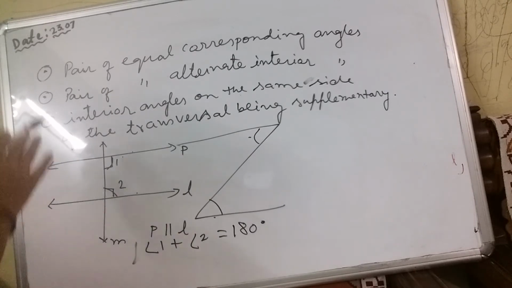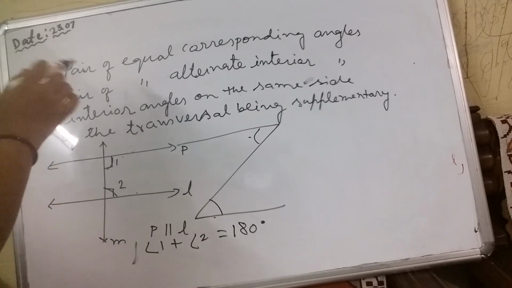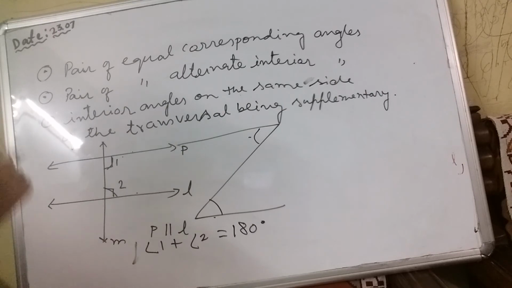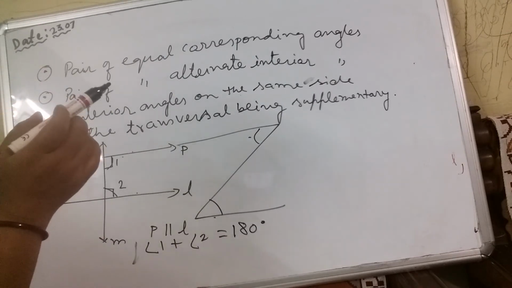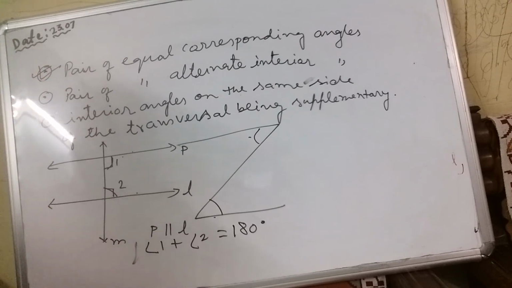So if you can prove a pair of equal corresponding angles, like when a transversal cuts two lines and any pair of corresponding angles are equal in measure, then you can say those lines will be parallel.